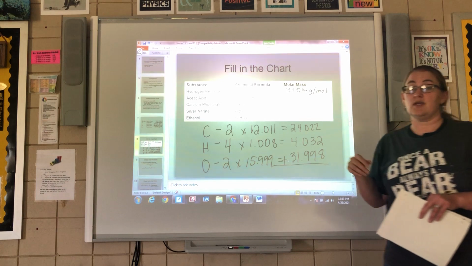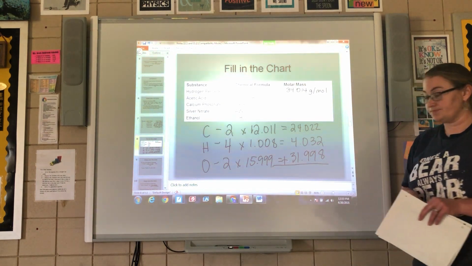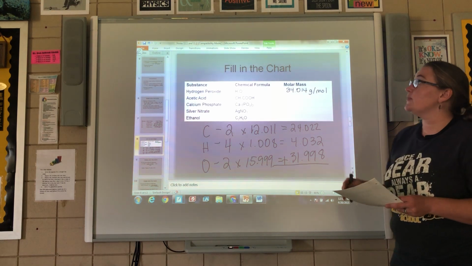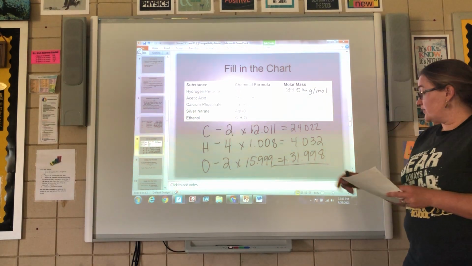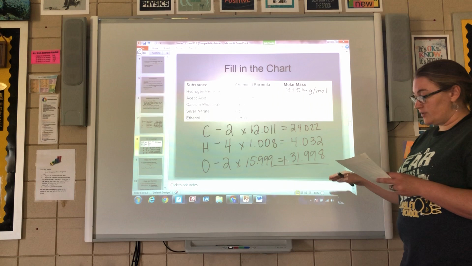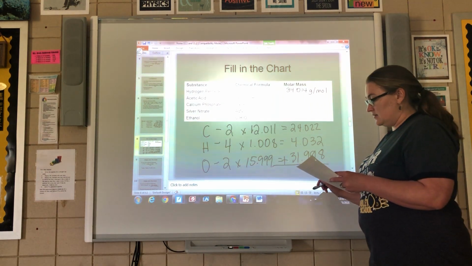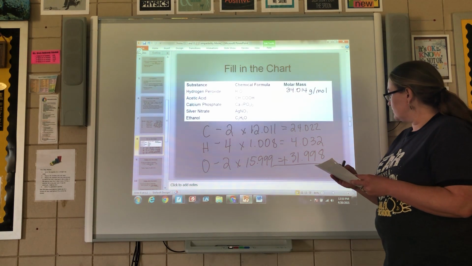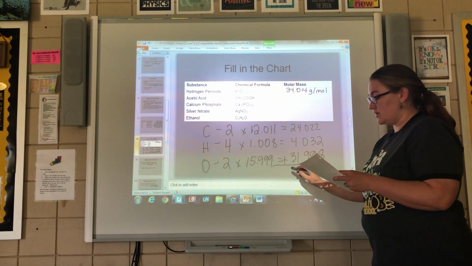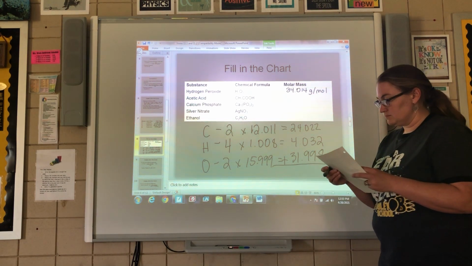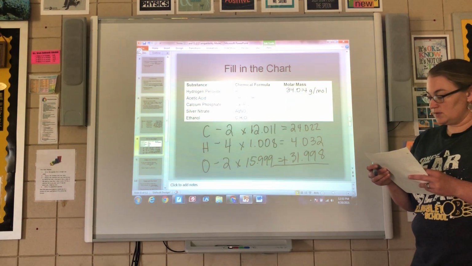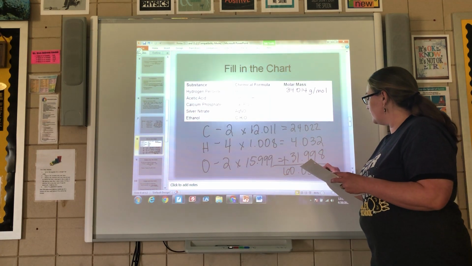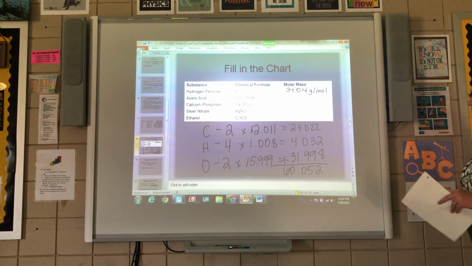I need the whole molecule together. So I'm going to add these numbers. I've already done all that for time's sake, so it wouldn't slow me down in the video. But when you add all these up, I'm going to get 60.052.